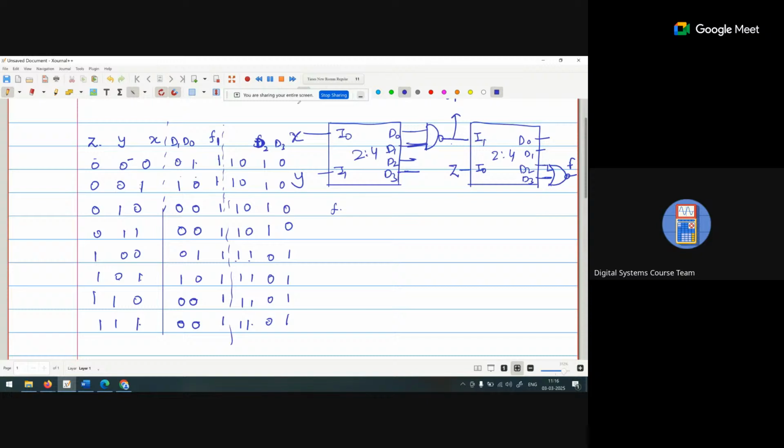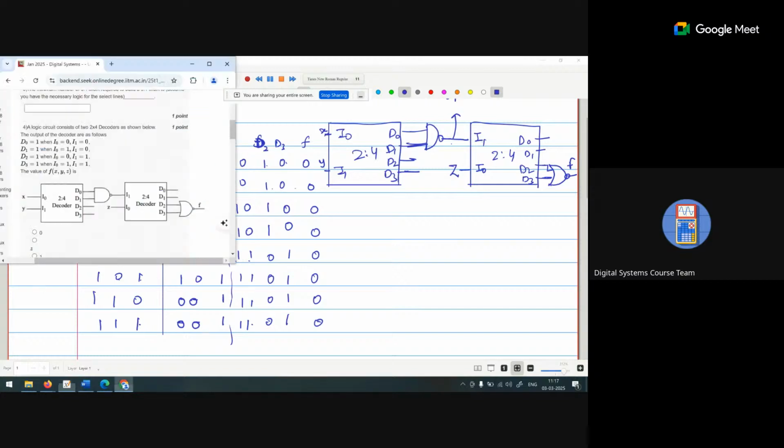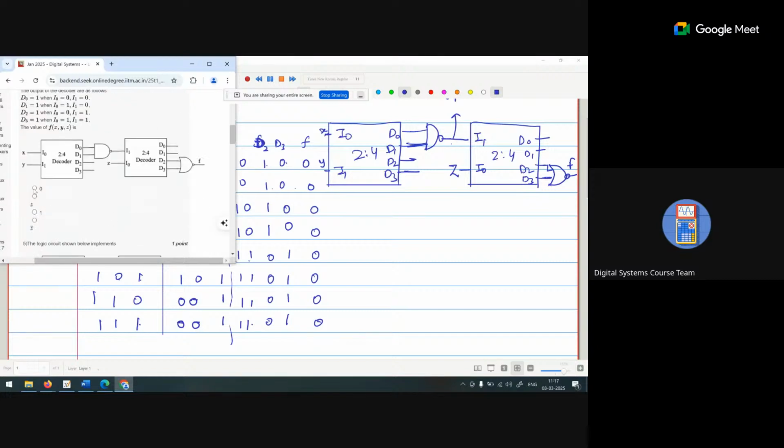F is the XORing. So 1, 0, NOR gives 0. In every case, the output F is 0. So the answer is 0.